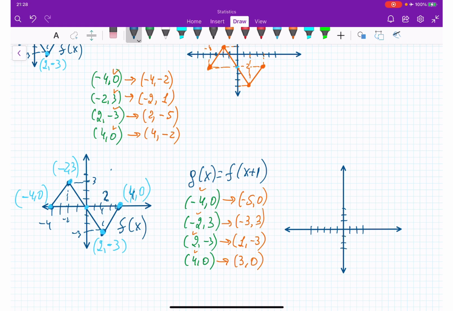Well, let's start building points. First one, negative 5 and 0. Next, negative 3 and 3. Next is positive 1 and negative 3.